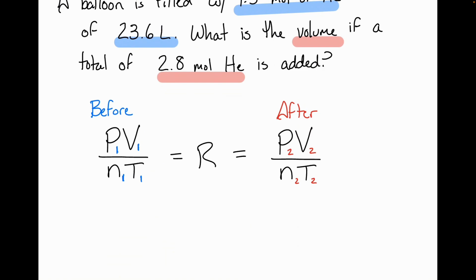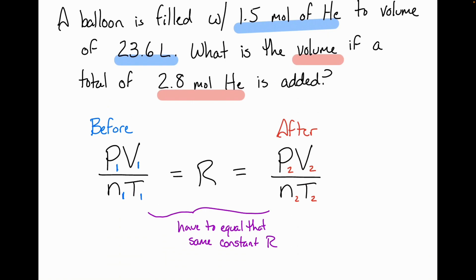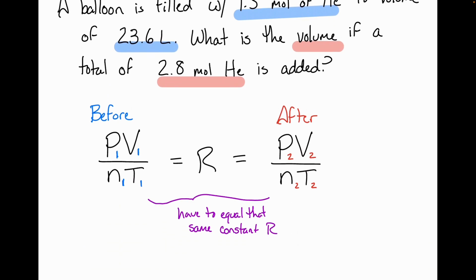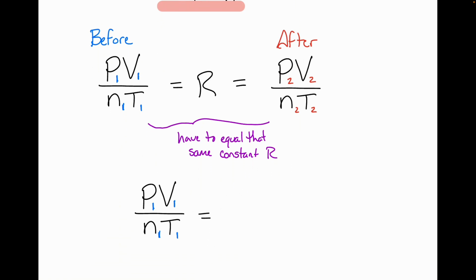Again, these have to equal one another because they have to equal that same constant R. So let's just simplify this and drop that middle R. We've got P1 V1 divided by N1 divided by T1 equals P2 V2 divided by N2 divided by T2.